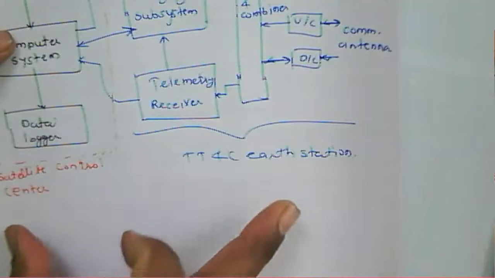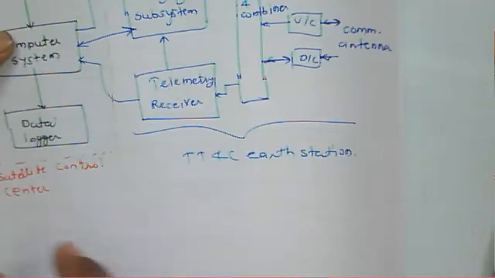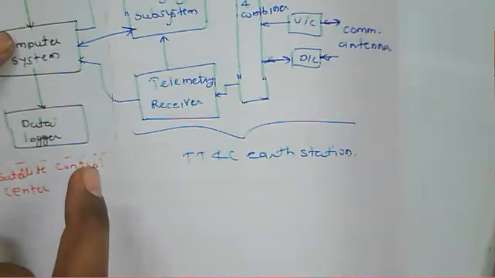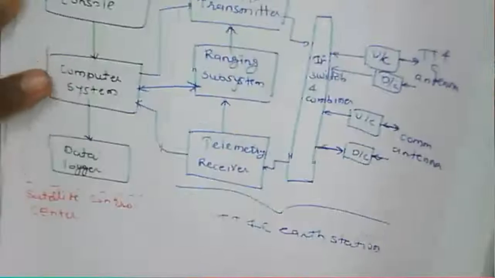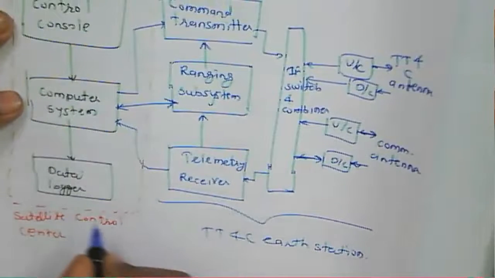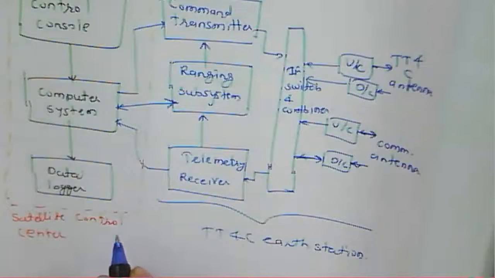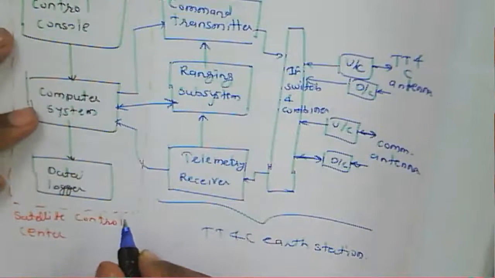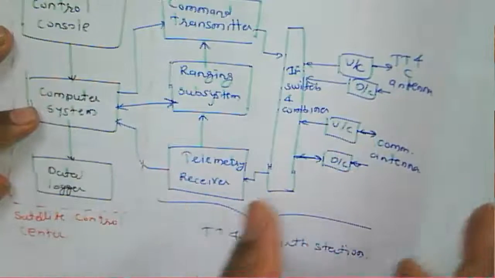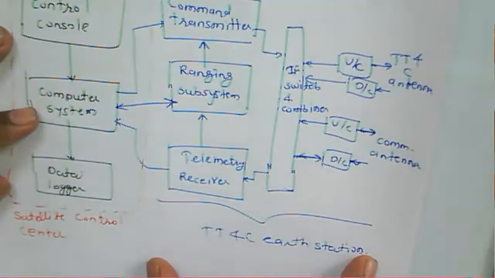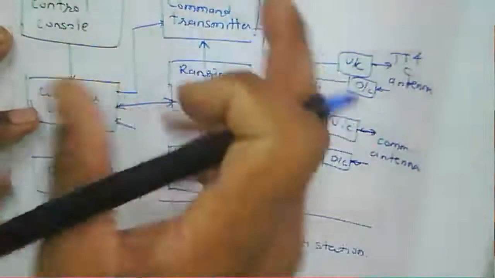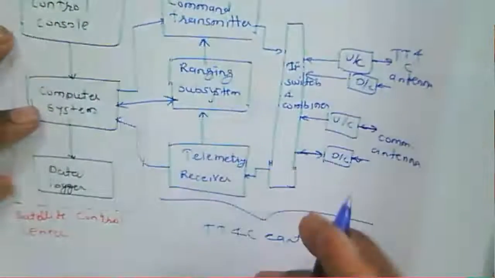That mission control facility has two basic components: one is a TTC and Earth station, and the other is a satellite control center. Now, for the Earth station, this is a single Earth station; many Earth stations are employed for all the tasks of a mission control facility.